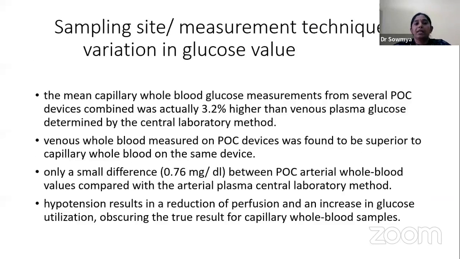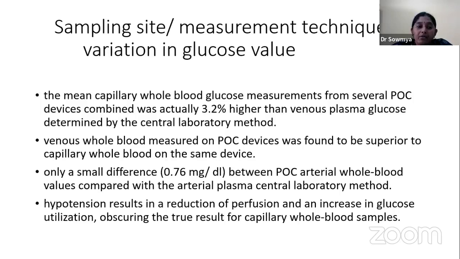Coming to the sampling site, how does it vary? Or the technique, how does it vary the glucose value? In various studies, we observed these findings: mean capillary whole blood glucose measurements from various glucometers combined were actually 3.2% higher when compared to the venous plasma glucose determined by the central laboratory method.